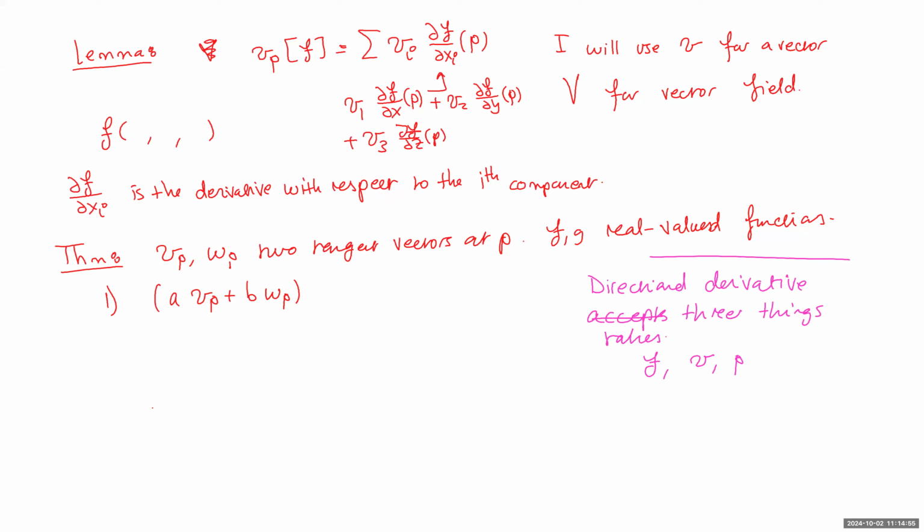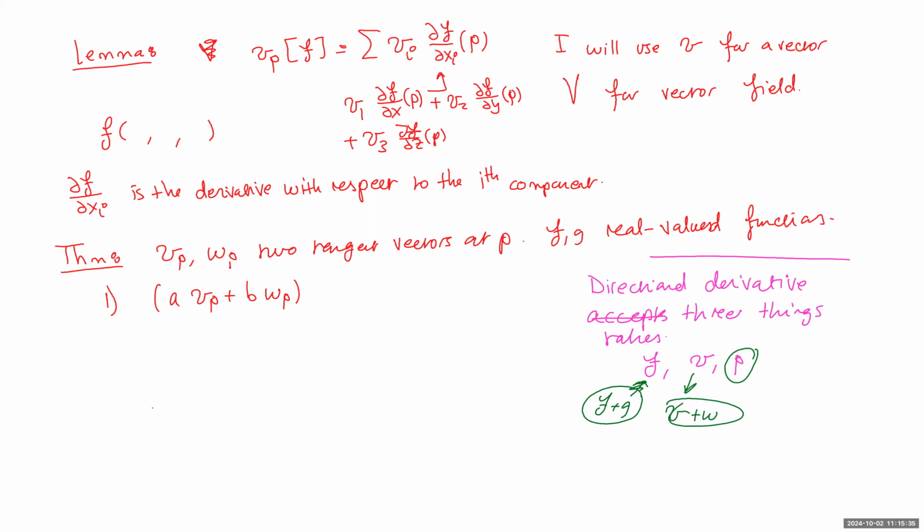So this point we cannot play with, but this vector we can consider two vectors, the sum of two vectors. And this function we can consider the sum of two functions. Then we can ask, is the directional derivative of the sum of two functions the sum of the directional derivatives of the individuals? We can ask also, for two tangent vectors, is the directional derivative of a function along the sum of two vectors the sum of the directional derivatives, etc.